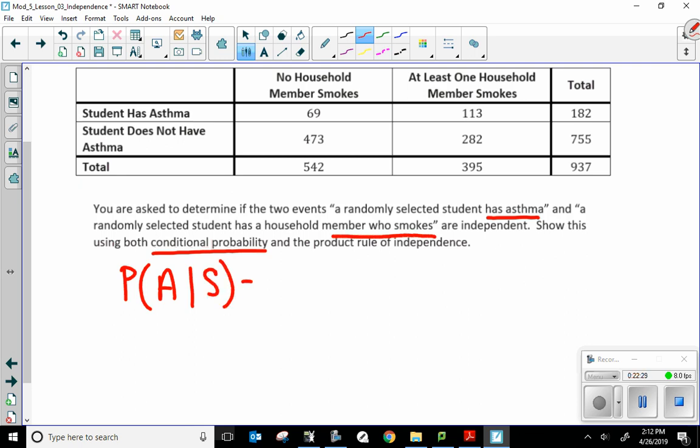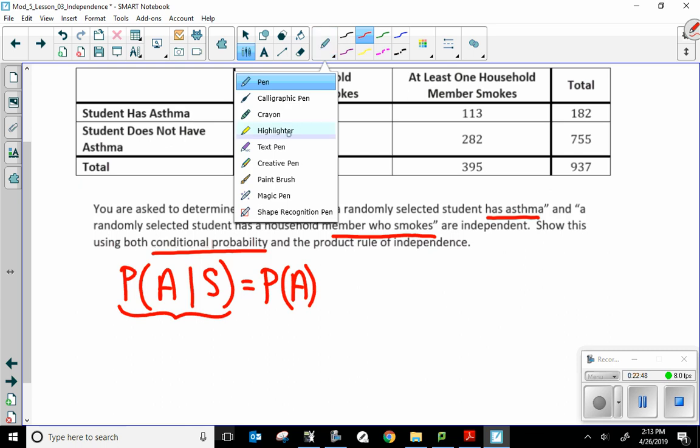Does that equal the first one, the probability of having asthma? Are they independent of each other? Let's use this table and find out. So, first thing I want to do is this one right here. The probability that someone has asthma given they live with a household member who smokes.